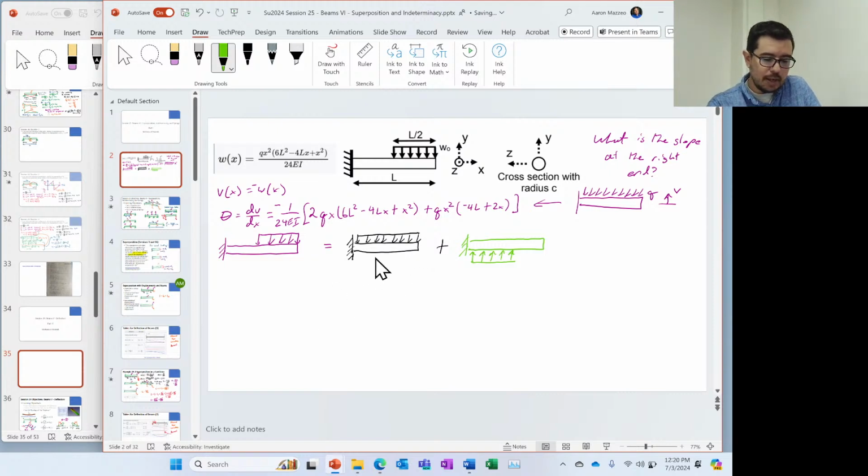Okay, so now this left side is pretty straightforward for calculating the slope. This one is still a little bit strange though. So how do we break this one down appropriately?